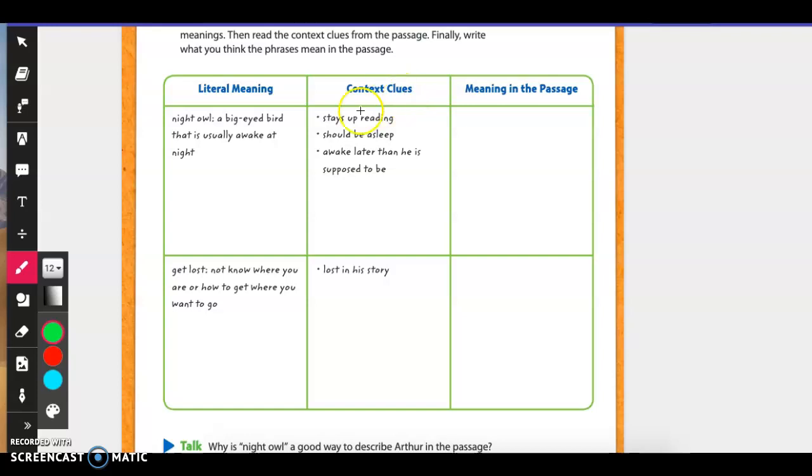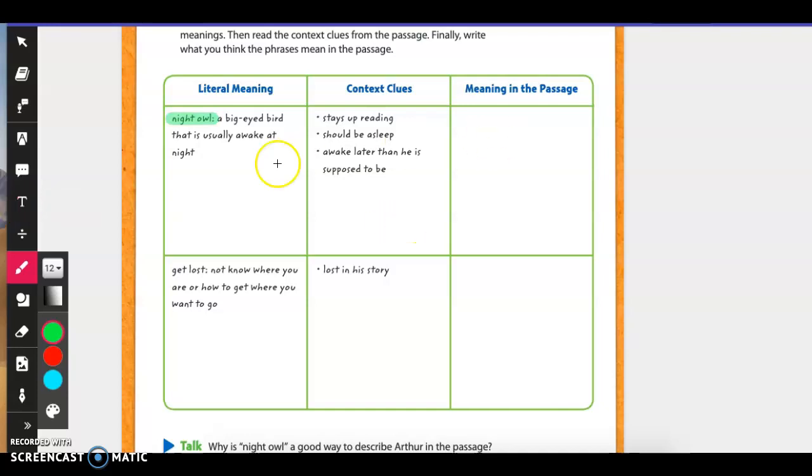The context clues that we have: Arthur stays up reading, he should be asleep, and he is awake later than he is supposed to be. All these things help us to understand what the actual meaning or the non-literal meaning of the phrase night owl used by the author is.